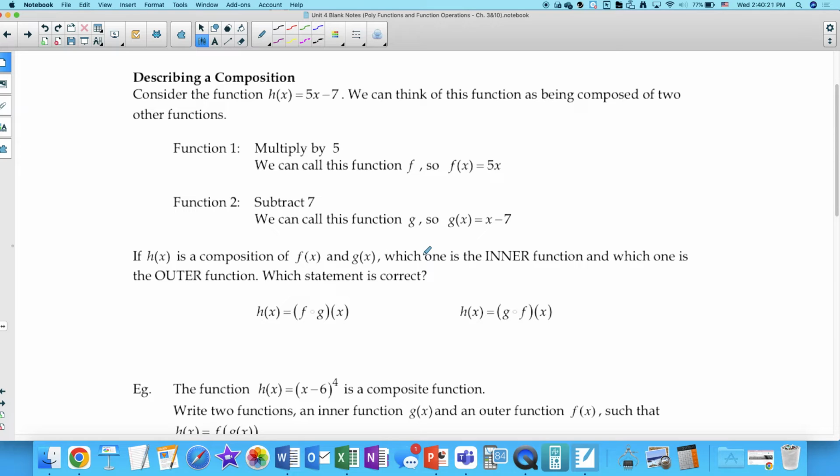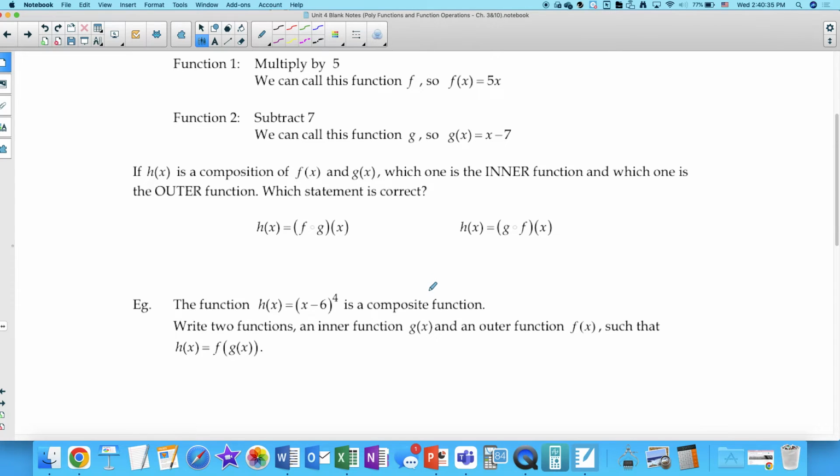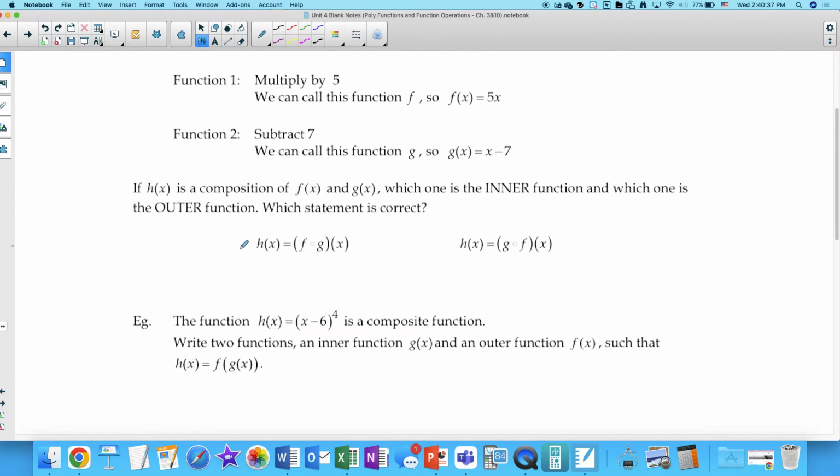Okay, so what we're going to do here is see if we go in either order. The question is, what's the outer function and what's the inner function? Which way does it work out, right? If we're looking at h of x equals f of g of x, where this is f of x and this is g of x, then f of g of x would be f of x minus 7, and f of x is 5x, so 5 times x minus 7, or 5x minus 35.